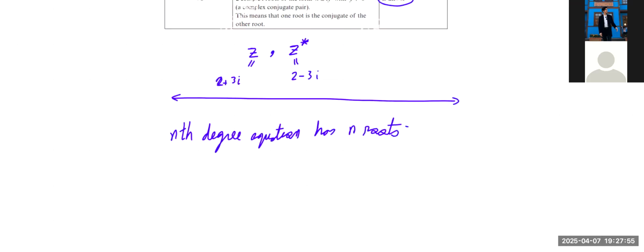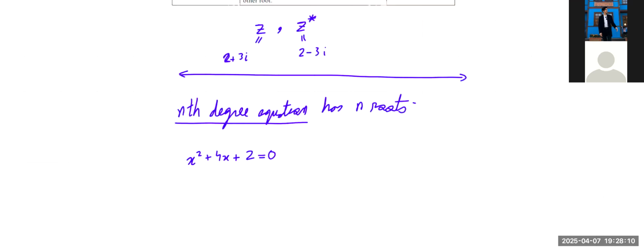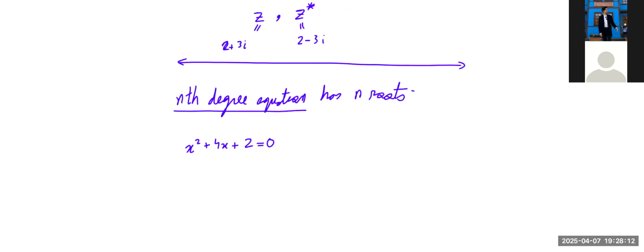An nth degree equation means, for example, this is a second degree equation because the highest power of x available is the second power. If you have a cubic equation, you will always have three roots. However, those roots may be complex, or real. They may be a mix of both. Whatever degree you have, that's how many roots you will get.